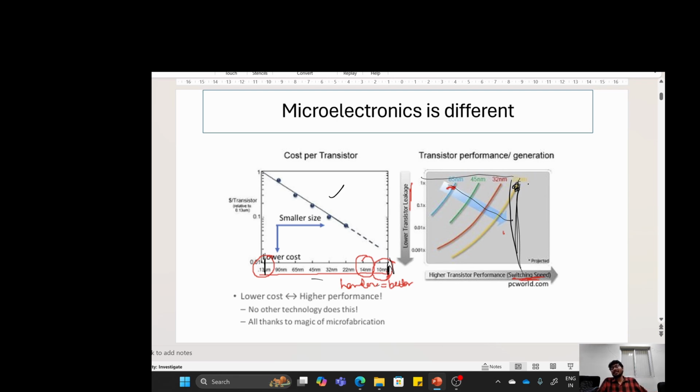Because of the gate, if you are miniaturizing things, you need to play with a lot of parameters, like constant field scaling, which you must have read in the devices course. If you are decreasing the channel length, then you need to decrease the dielectric thickness and the doping, or accordingly manage the other parameters as well.